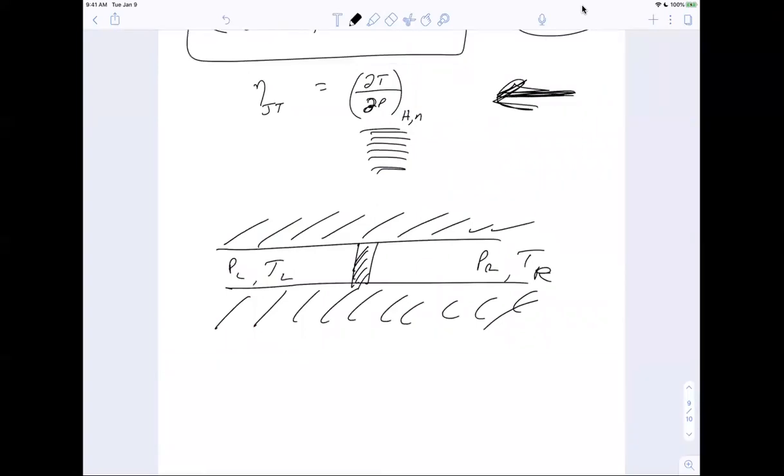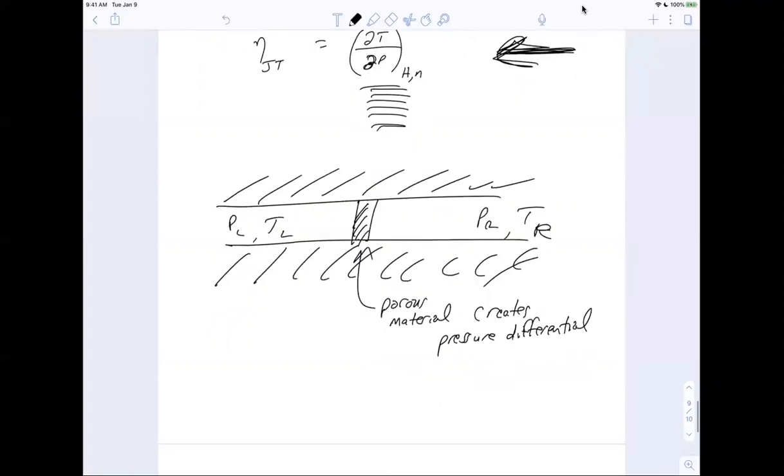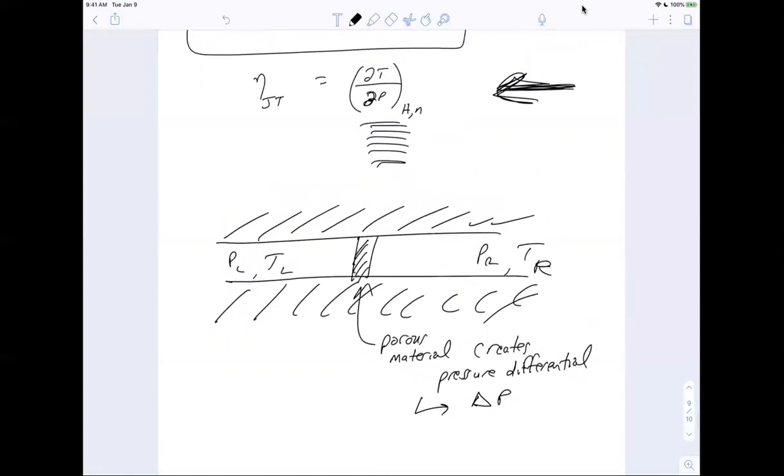Because of this porous medium, this porous material creates a pressure differential across the two sides, which means it causes a delta P. So eta JT gives us some information about what the change in temperature, delta T, will be if we have a certain change in pressure, delta P.